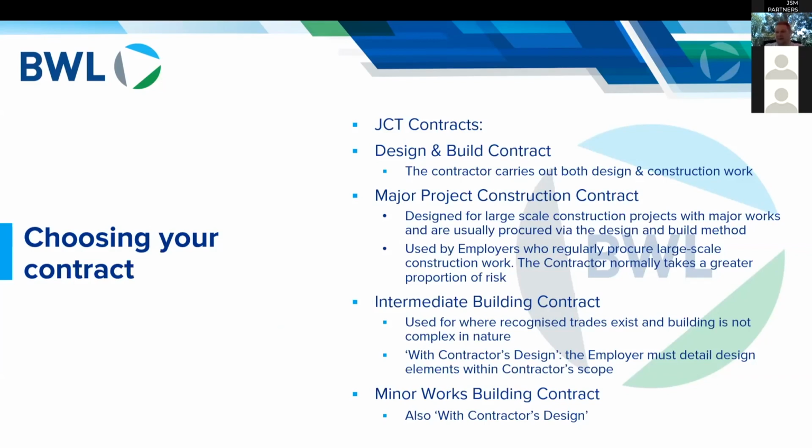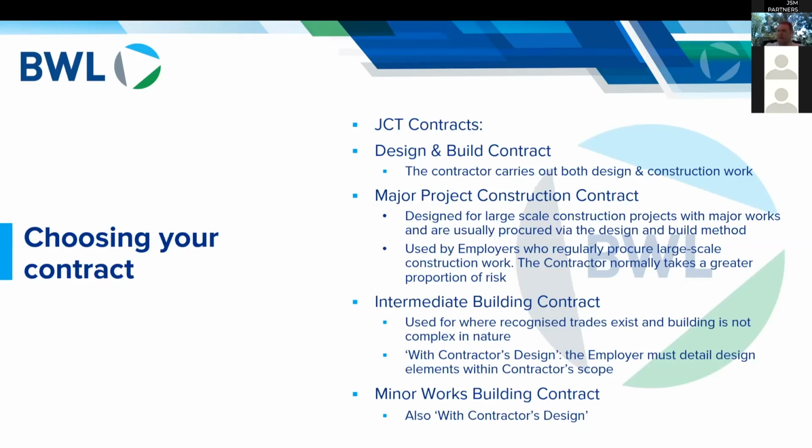But then we go down to the next level, which is the intermediate building contract, which can come in two forms, with or without design elements. So with contractors design, or just silent in terms of design. And this is a slightly more basic version of construction contract. And then obviously we've got our minor works building contract, again, with and without design elements within it, but for, let's call it, the most simple of building tasks.